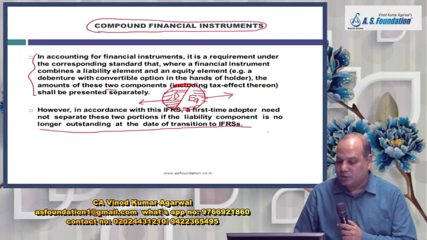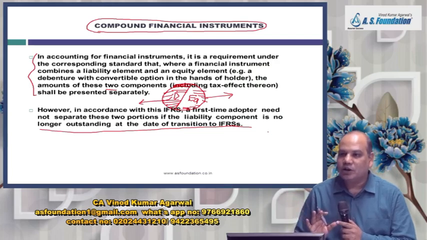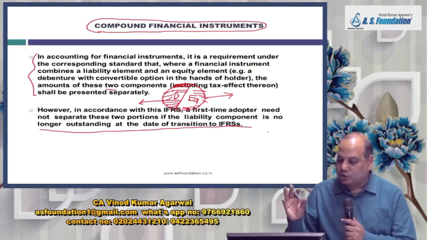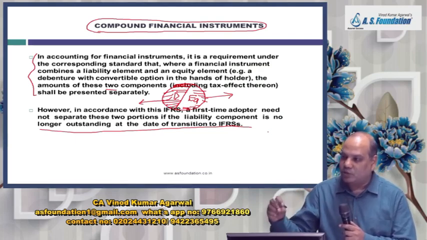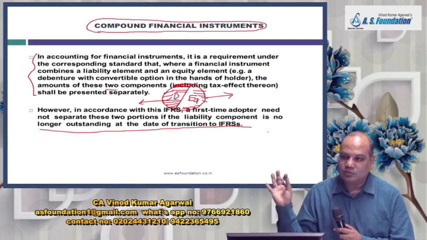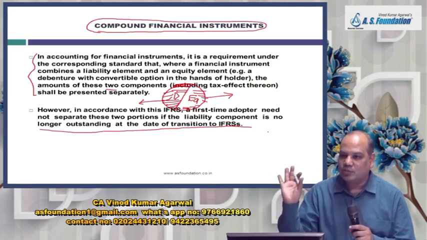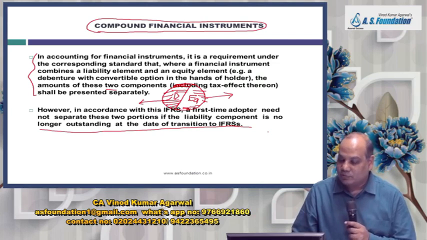Liability component means that portion of this instrument which requires payment of cash and that cannot be avoided. Okay. So if that much cash which cannot be avoided has been paid by you, then there is no need to find out the liability portion because liability portion is over.